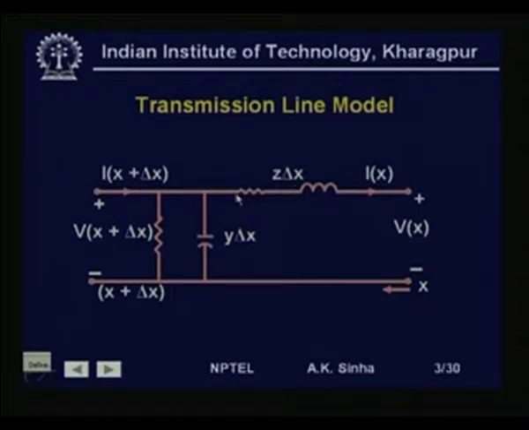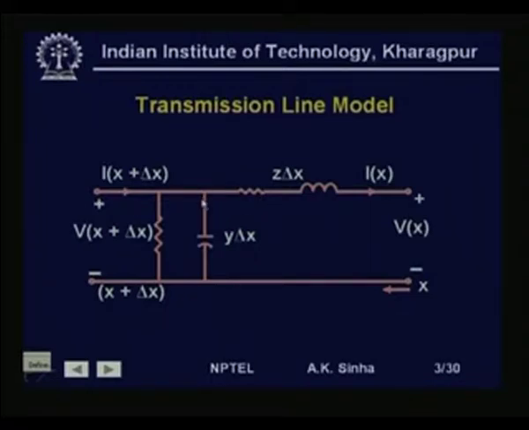It consists of the resistance of the line and the inductance of the line. These are per unit length or per meter, multiplied by delta x, giving the series impedance Z delta x for the delta x length of the line.